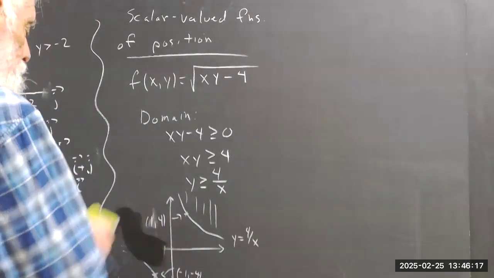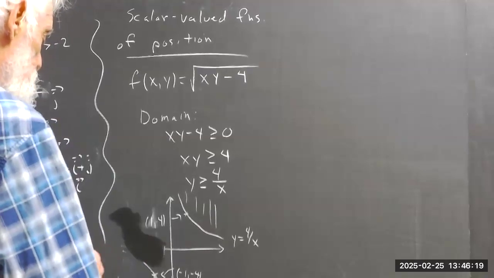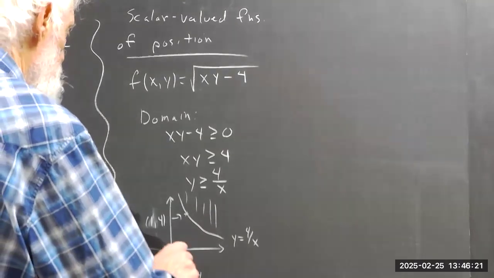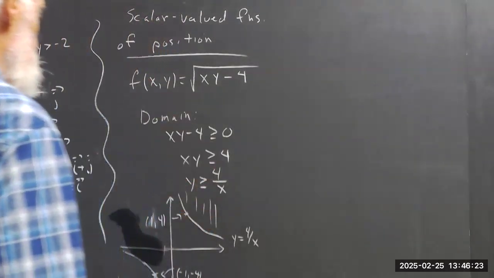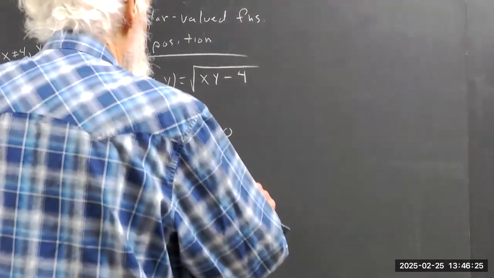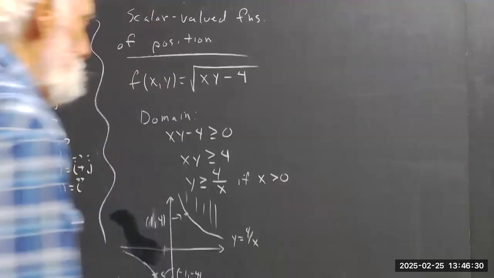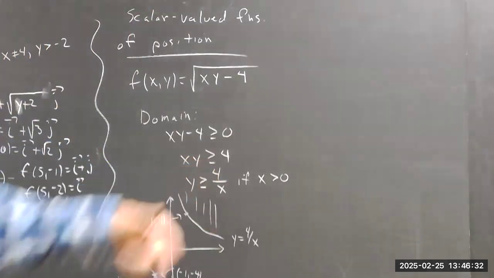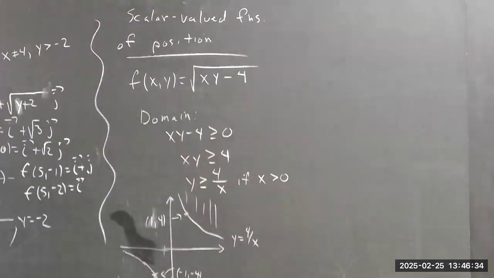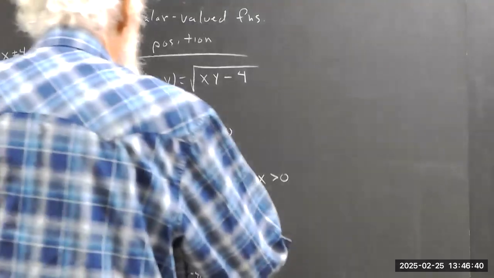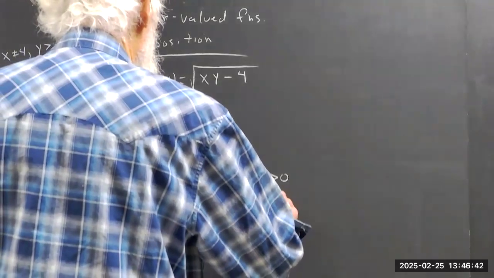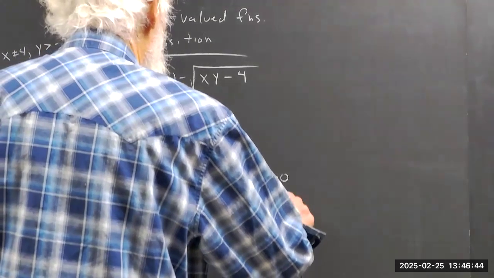Let me erase this shading and explain this. Y is greater than or equal to 4 over x if x is greater than 0, because then you're dividing both sides by a positive, right? And y is less than or equal to 4 over x.